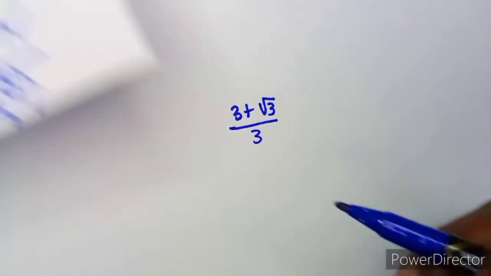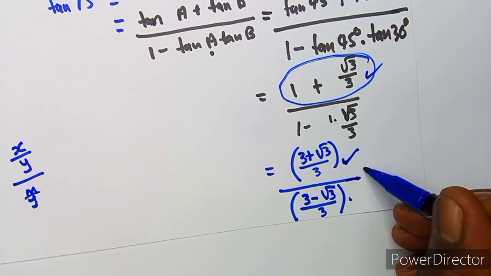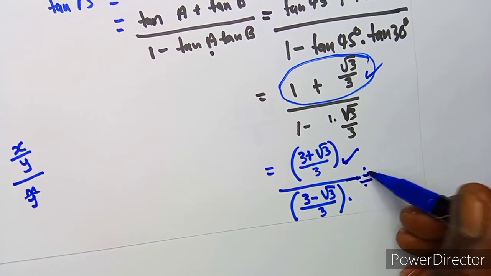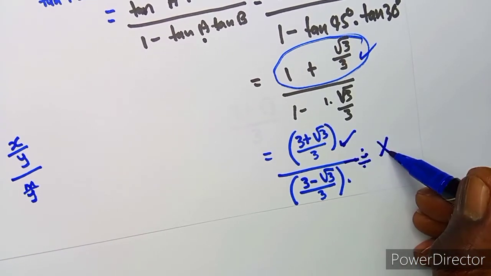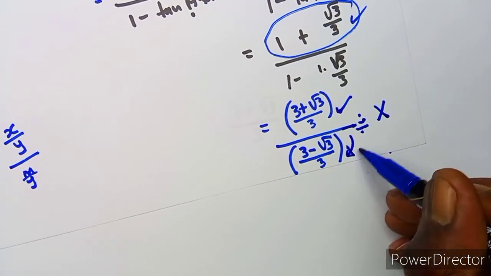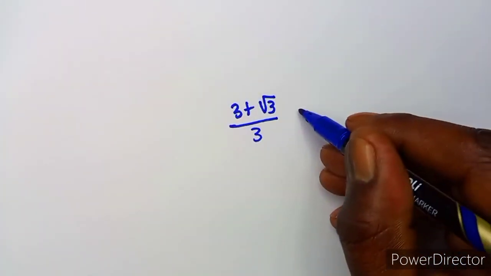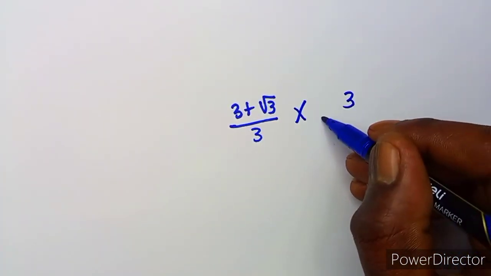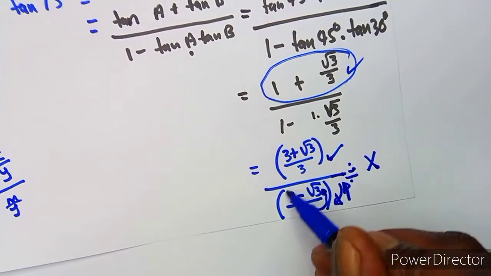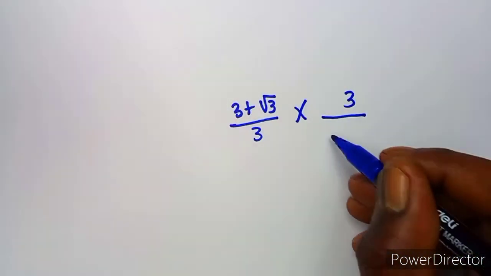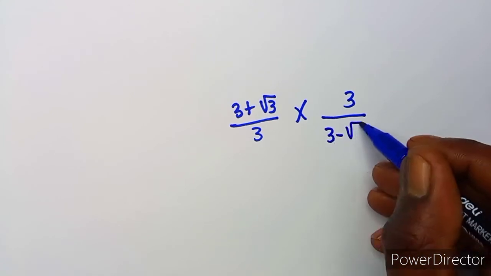Remember, this simply means division. If you are dividing, you introduce multiplication and invert the second fraction. So it's going to be times 3 on top, over 3 minus square root of 3.